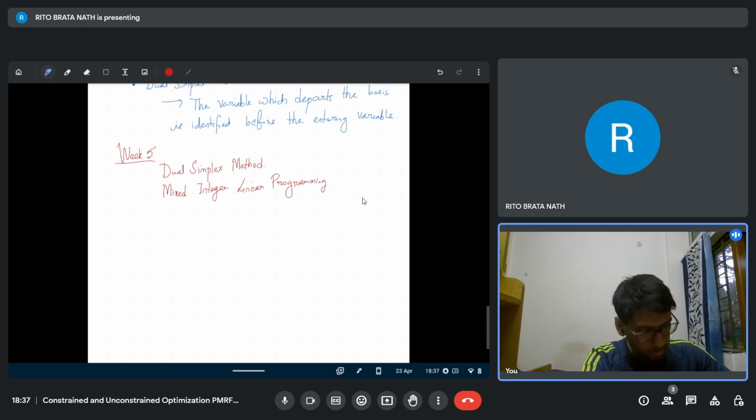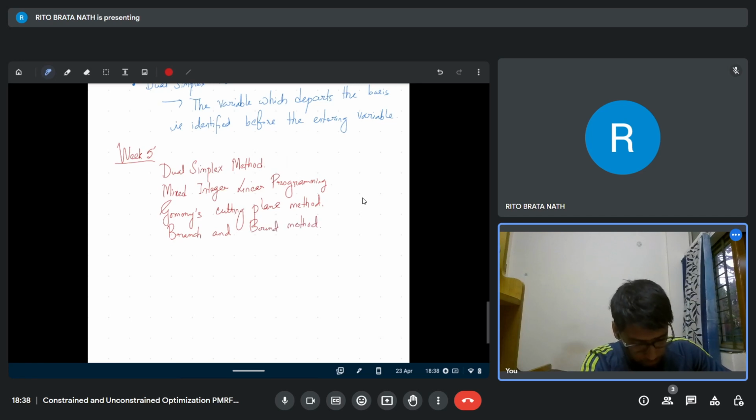In this context, there was discussion on Gomory's cutting plane method. Then there were discussions on the branch and bound method. So these are the main discussions in that week.